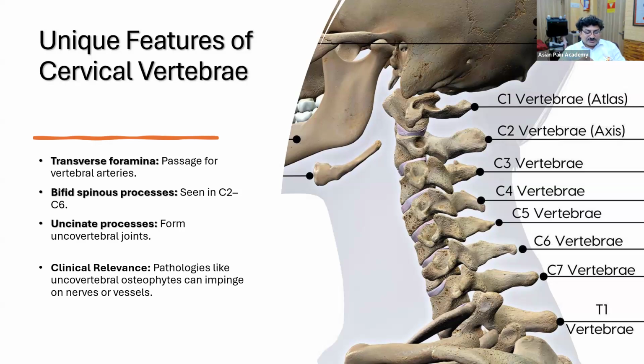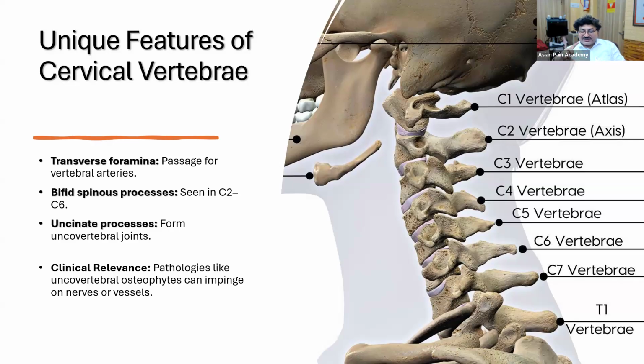Then comes the spinous process. C7 is the largest cervical vertebra and is also an atypical vertebra. Remember, C1, C2, and C7, all three are the atypical vertebrae.